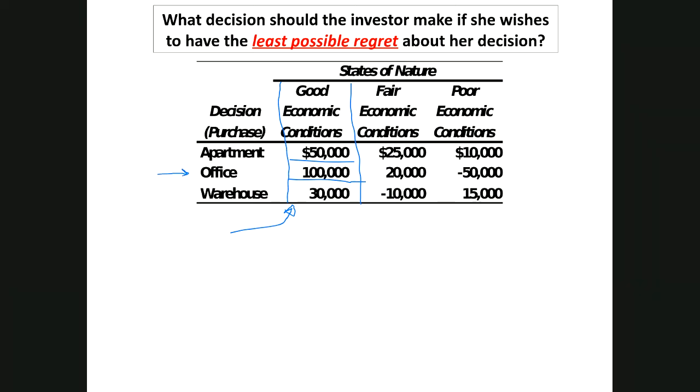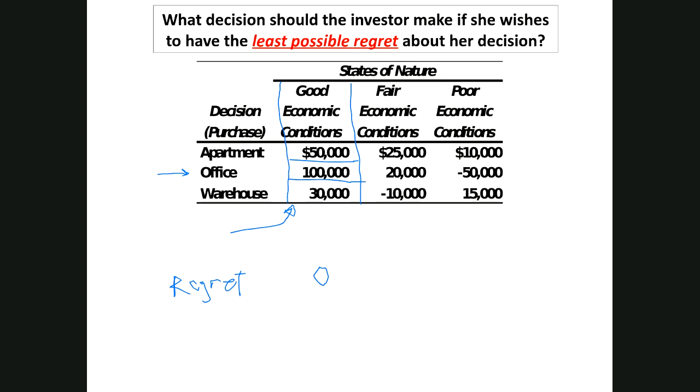And if we choose the office, how much would the decision maker regret that decision? Well, there would be zero regret, because that's the best decision that could be made given that future state of nature.